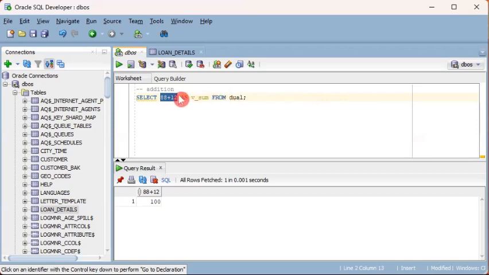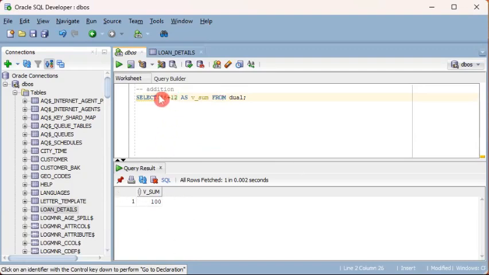The AS here simply tells you that what follows is an alias, but AS is optional. Let me execute this again, and you will see that the answer is still 100, but because of the alias v_sum, it is now assigned as the column header of the output. So instead of seeing 88 plus 12, you are seeing v_sum. Okay, this is an alias.